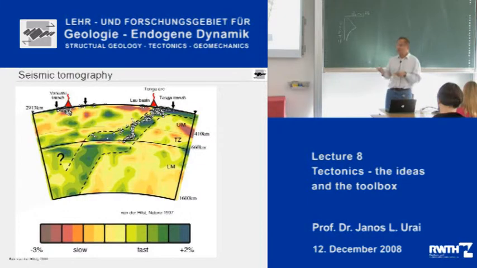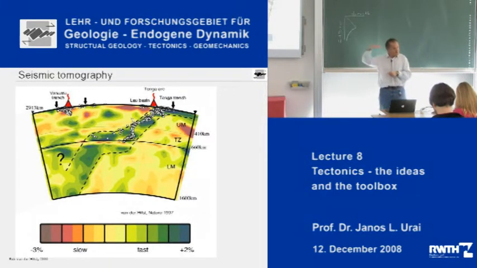And what you can see here, this is a very famous picture published in 1997, so already 10 years ago, by a colleague of mine, Rob van der Hilst. It shows that there is this lithospheric plate that is going down into the subduction zone. The white spots are earthquakes. That's of course the Benioff zone that we all know.